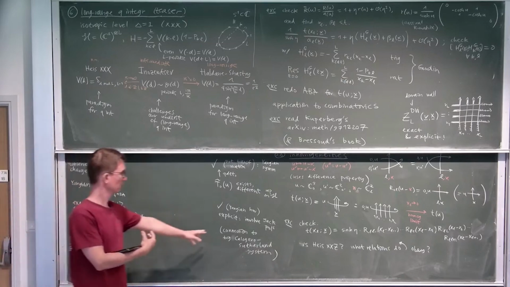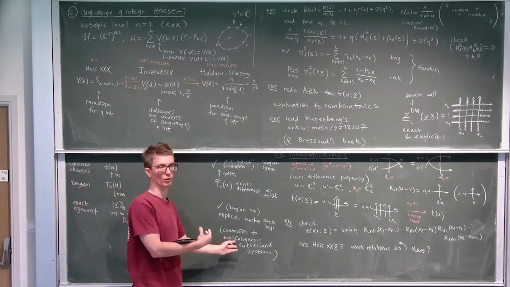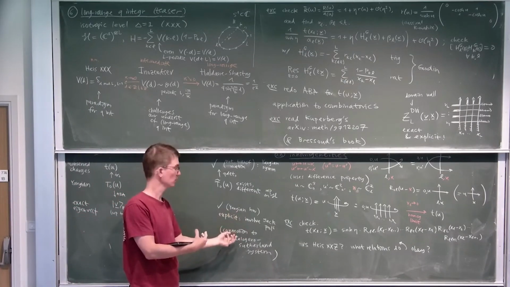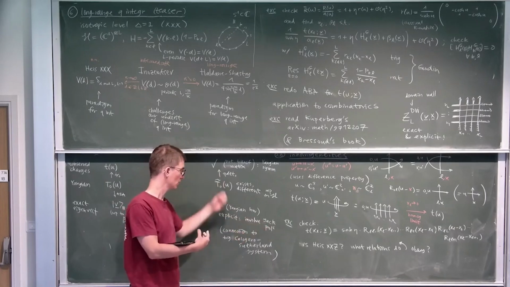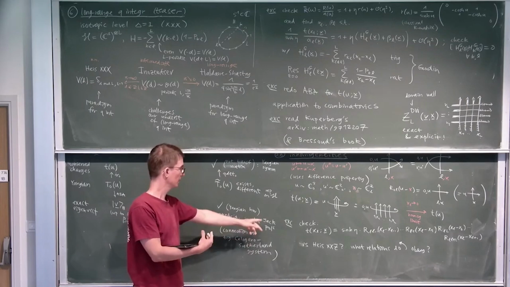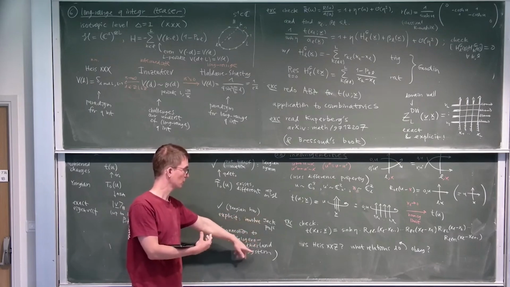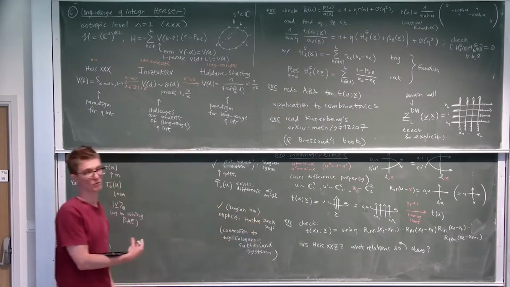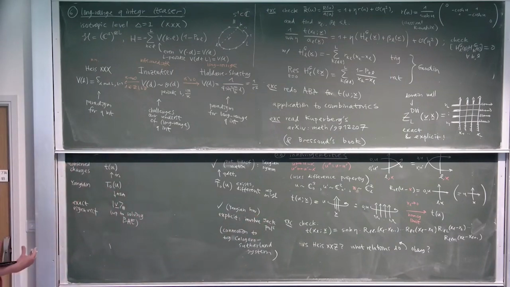And this system is known to have Jack polynomials show up as its wave functions, and that's because the Haldane-Shastry model is somehow related to this Calogero-Sutherland system. The eigenfunctions of Calogero-Sutherland show up in the eigenvectors of Haldane-Shastry. There's a long story here which I'm completely suppressing, but this is schematically the picture.